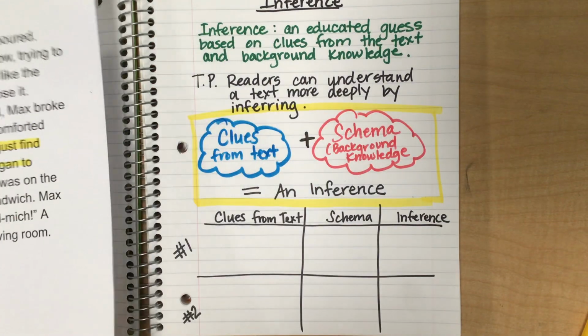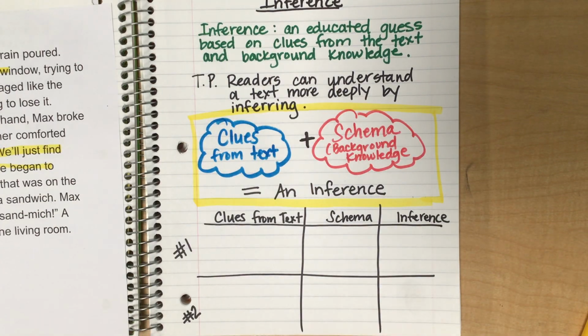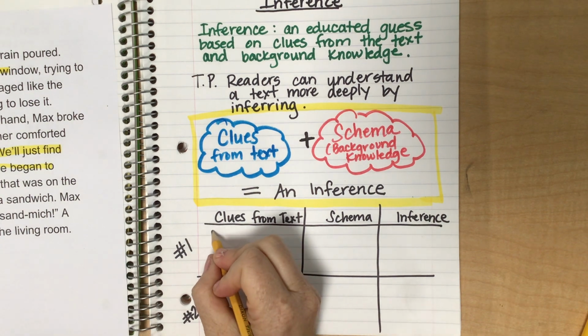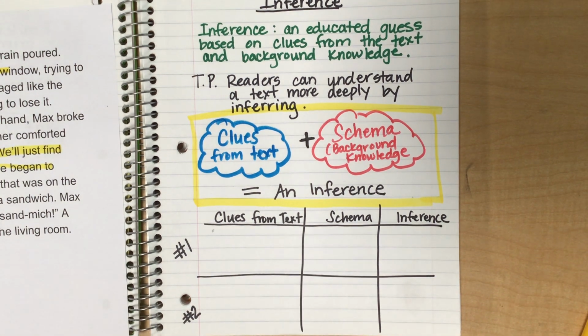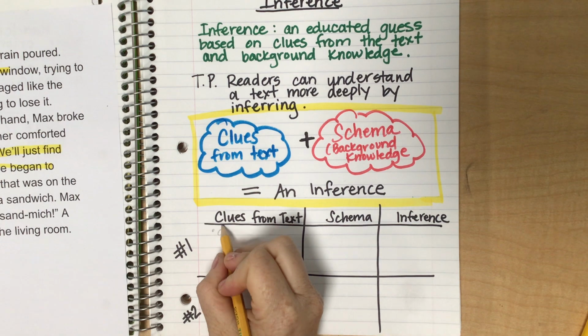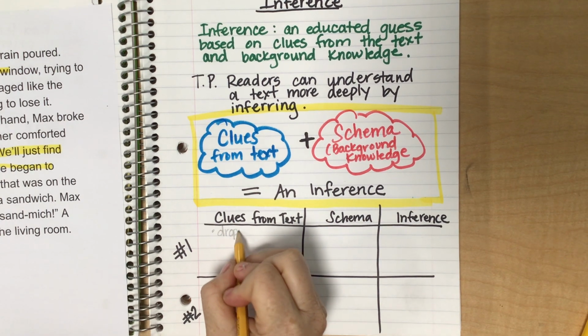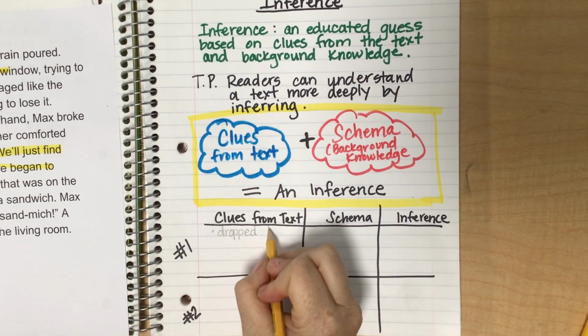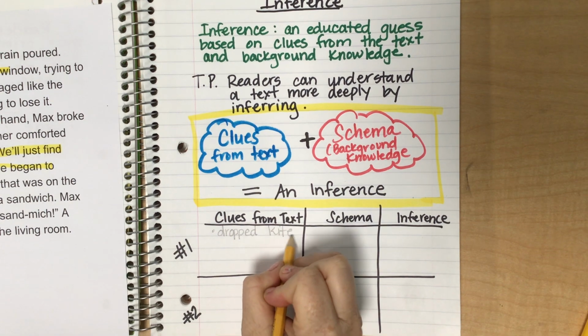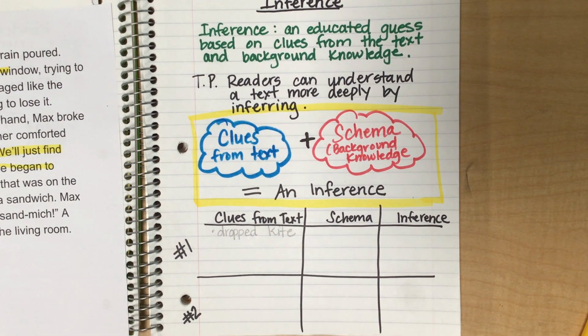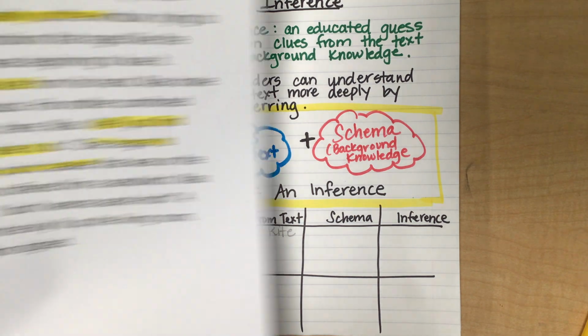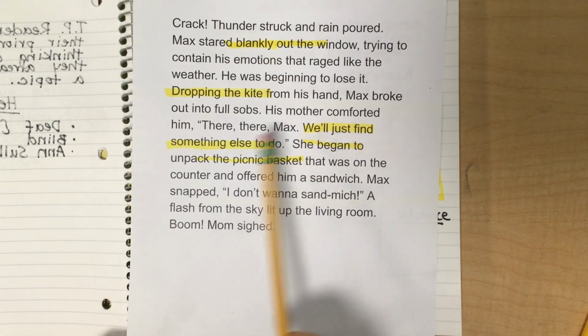Okay. So clues from the text. I know that Max had a kite and he dropped his kite. Go ahead and write that. Mom also said something. She said, we'll just have to find something else to do, right?